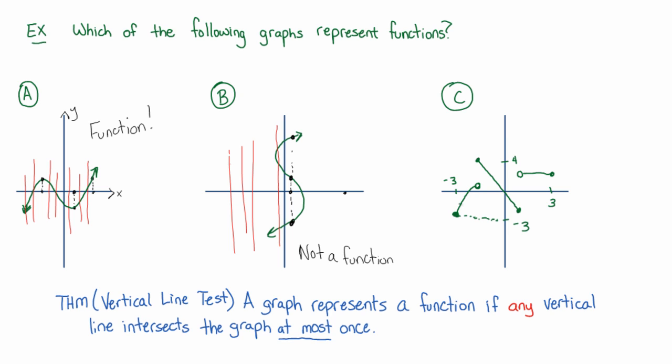So as this curve climbs up, it reaches very close to this point, but immediately hops up above. So when I draw a vertical line right here, it will intersect once, and then that's not an intersection point. The graph actually doesn't exist in that open hole. Same thing over here. I'll skip over that, draw all the way down. So any vertical line I draw hits the graph at most once.